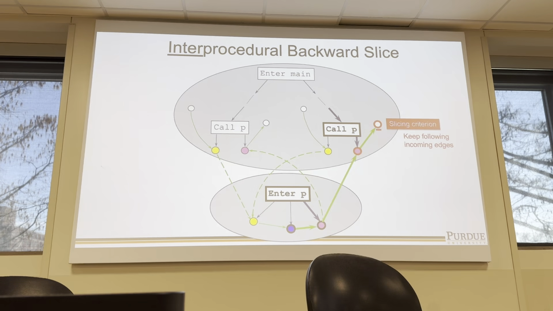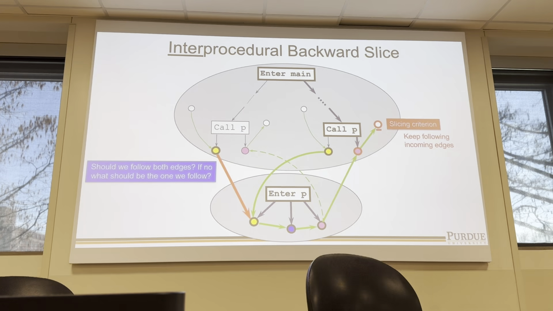And now we have two different outgoing edges right here. So this is a part we've got to be careful with, which would otherwise lead to the imprecision we talked about before.